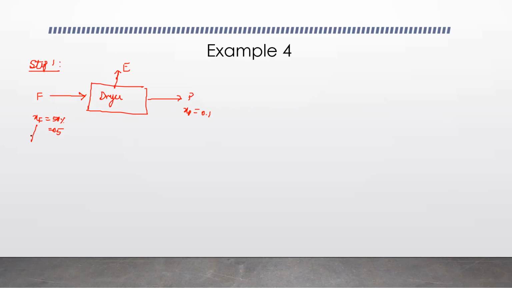Remember, this XF is the mole fraction or mass fraction of water, whatever. It is not the mass fraction of the solid, it is the mass fraction of the liquid.